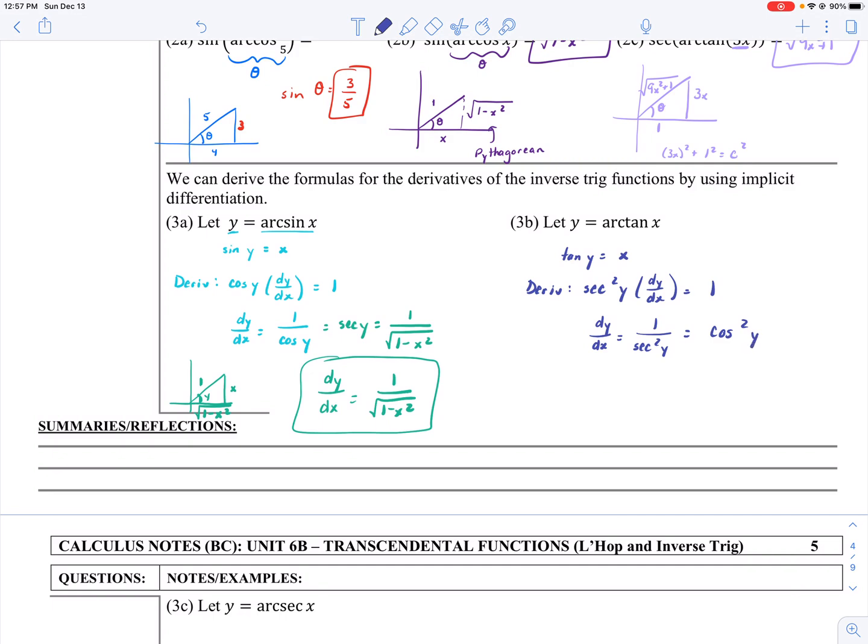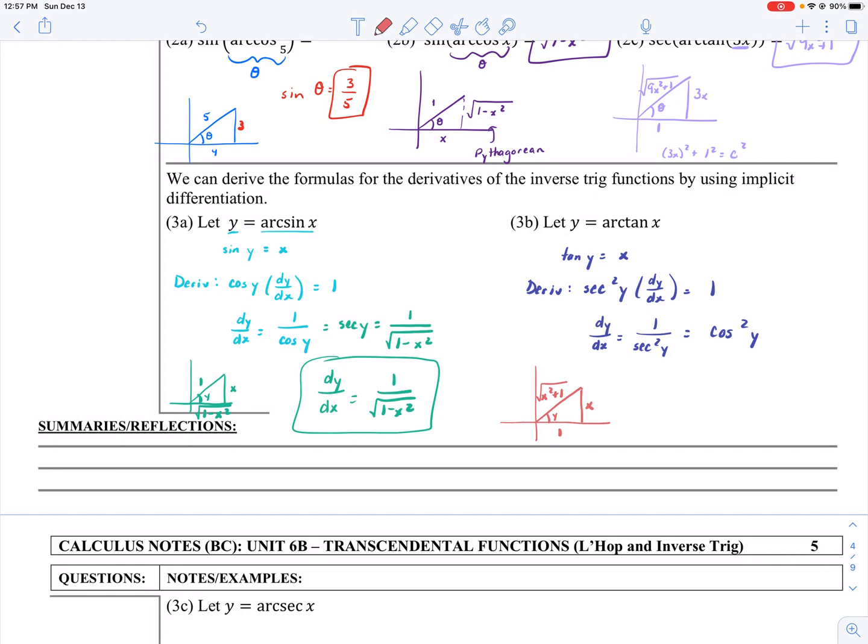Now I do need a reference angle. I need to make sure that I know what these ratios are. So when I draw my reference angle, I'm going to take a look at the fact that the tangent of some angle, tangent of y, was equal to x. So this is going to be x and this is going to be 1. When I use the Pythagorean theorem, I get the square root of x squared plus 1.